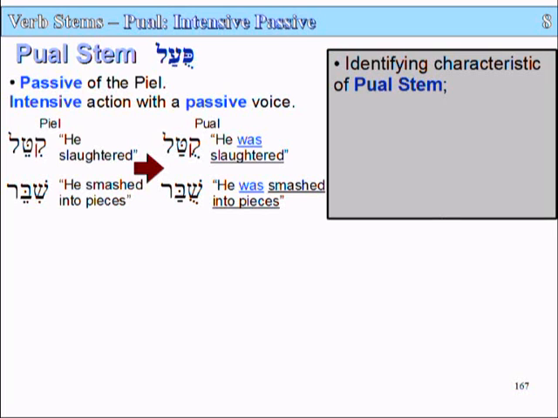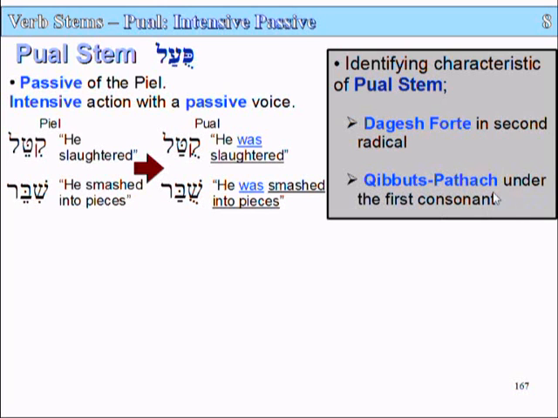So the identifying characteristics of the Pual stem: a dagesh forte in the second radical, just like the Piel, but has a different vowel. A kibbutz or patach under the first consonant. Here's the kibbutz. It's 3 dots. Gives it an U sound. Shubbar.